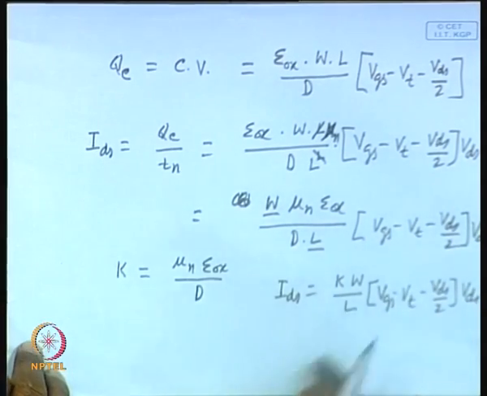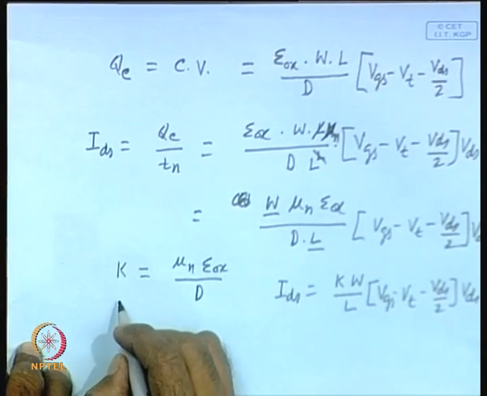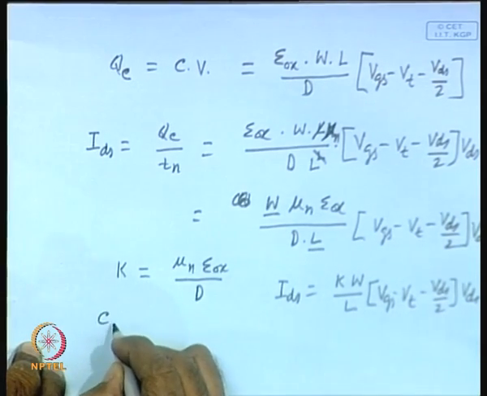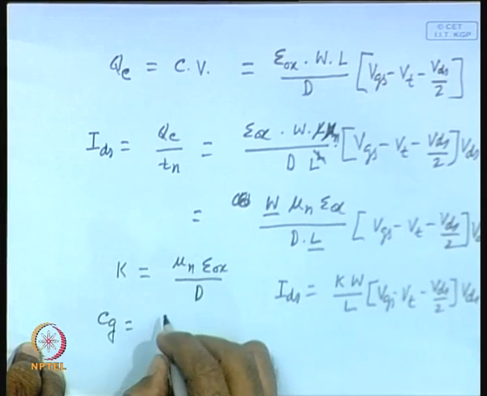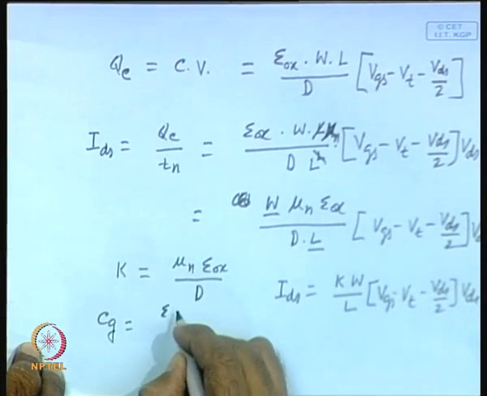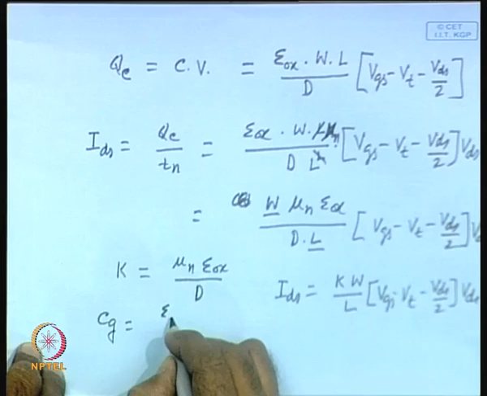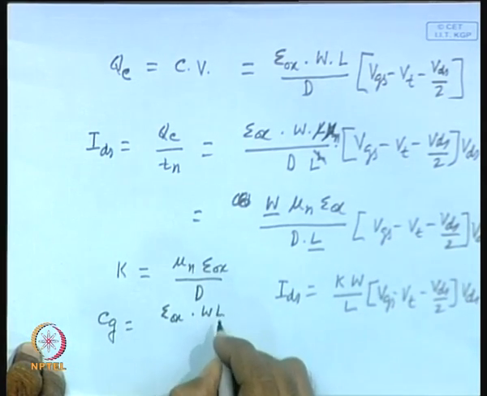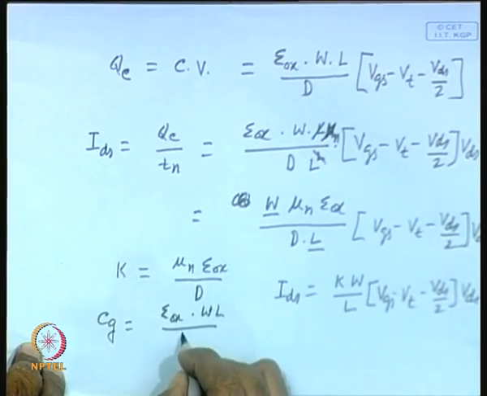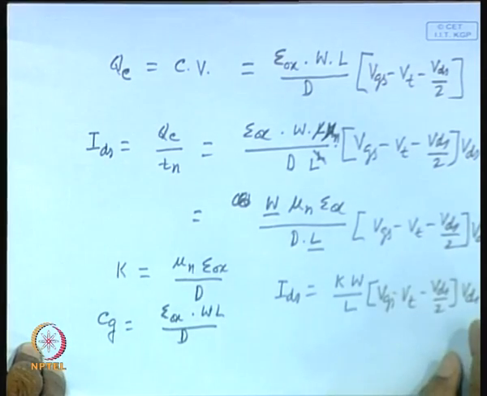We can also represent it in terms of what is known as the gate capacitance C G. What is the value of C G? C G is equal to epsilon O x into W L by D, that we have already seen, that is the capacitance.